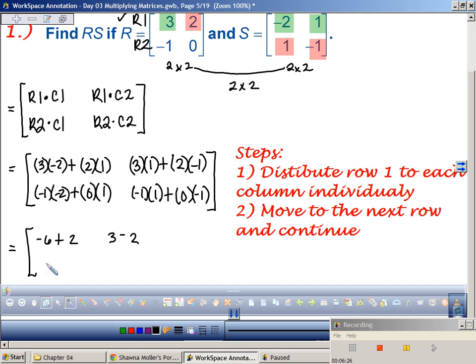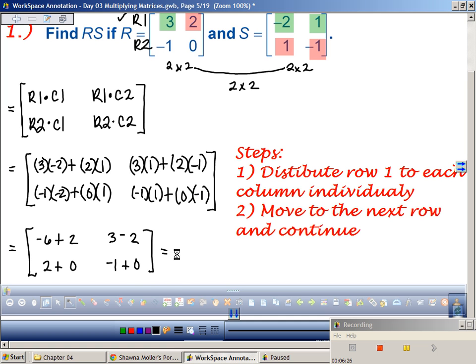This one is positive 2 plus 0. This one is negative 1 plus 0. Especially these. When I say plus and I see a 0 and a negative 1, I keep wanting to say plus negative 1 instead of plus 0, and I don't know why. Get it?